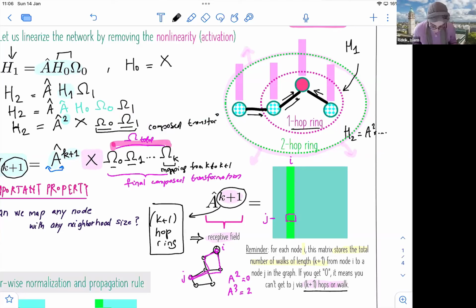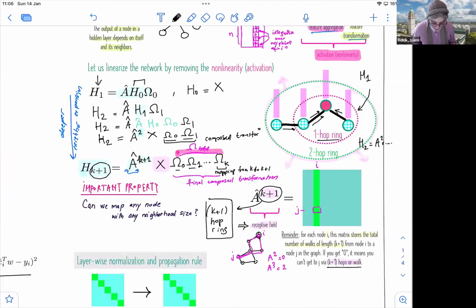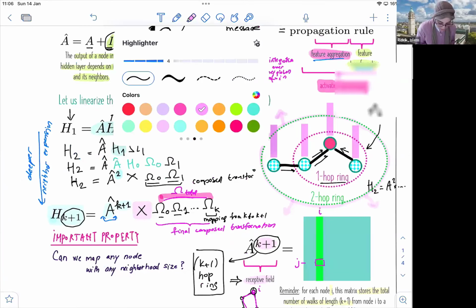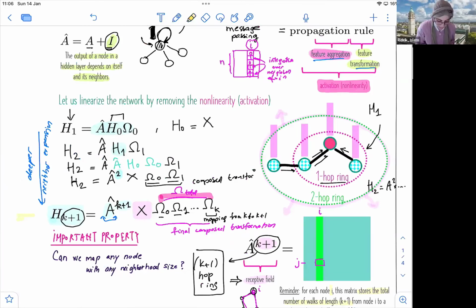All right, cool. As you see, with this very beautiful mathematical operation, the deeper we go, the further we expand the neighborhood, and the larger my receptive field becomes. Of course, we have more computational load because we need to calculate powers of matrices and multiplication of matrices.